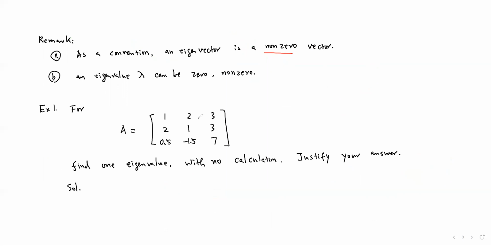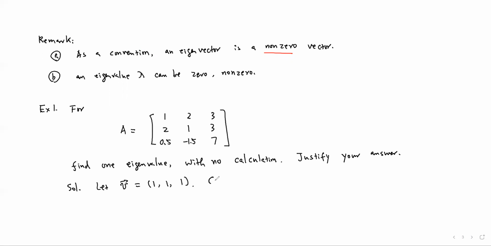By observing that the row sums are all 6, how about I take this vector 1, 1, 1. This is a point in XYZ space, but in this course, a point and a vector are the same. Let V be this vector.